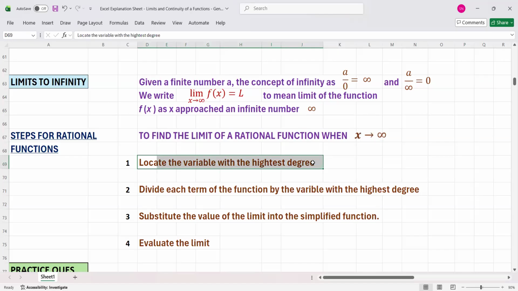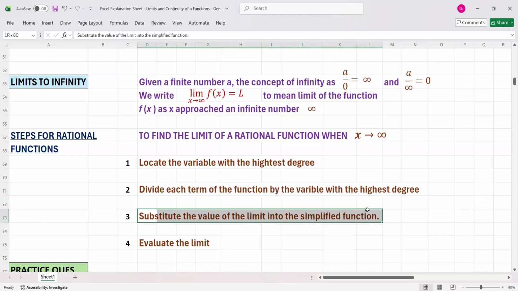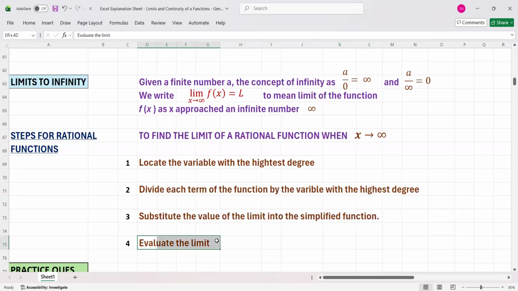The numerator of a rational function is a polynomial to the power x, maybe linear, quadratic, or cubic. So first of all, locate the variable with the highest degree. Then divide each of the terms of the function by the variable with the highest degree. When you are through, you substitute the value of the limit into the simplified function, and then you evaluate.